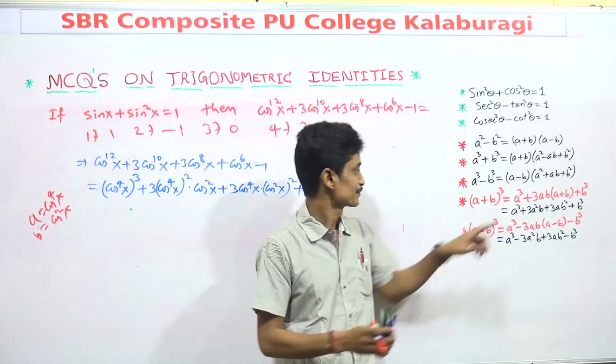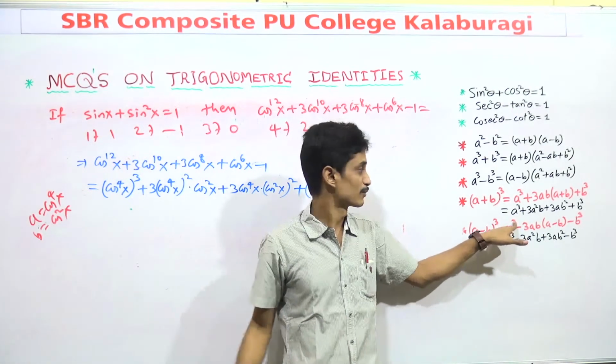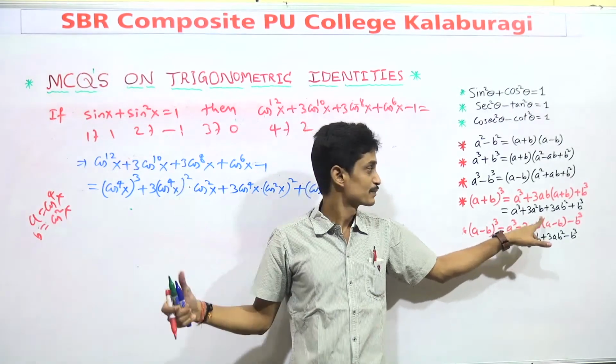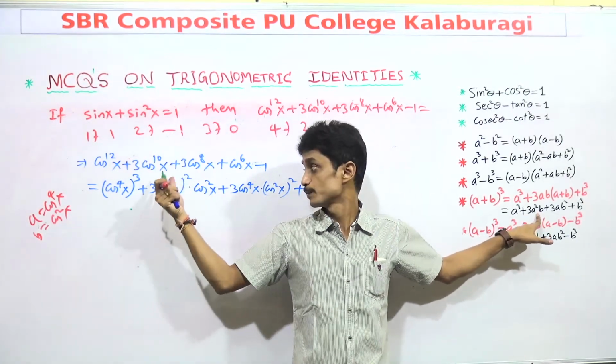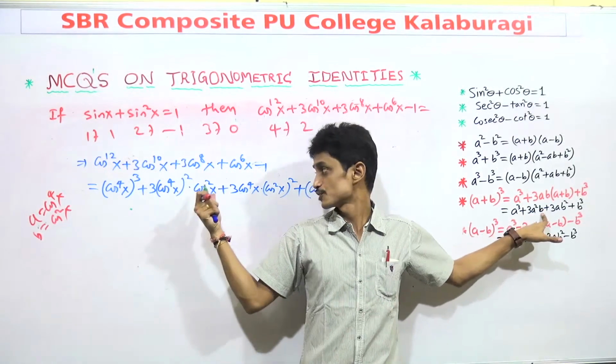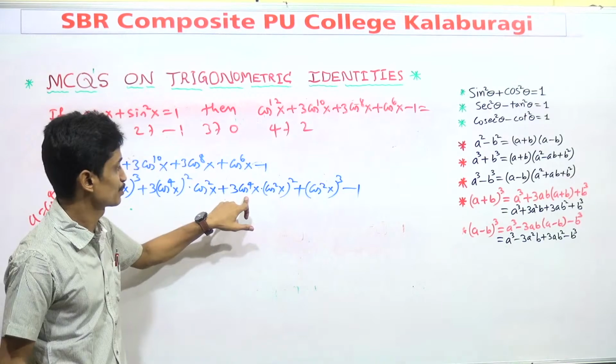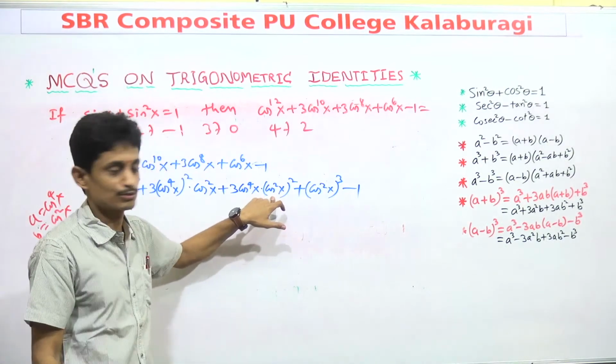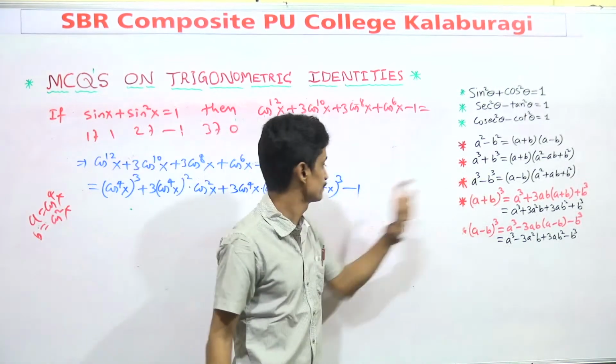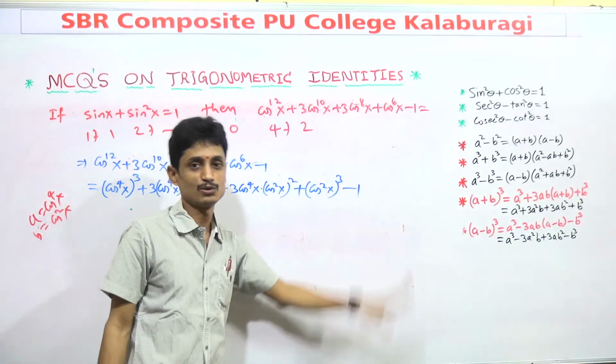Now check it: a cube is cos power 4 whole cube, 3a square b is 3 into cos power 4 whole square into b, just cos square, and 3ab square is 3 into cos power 4 into cos square x whole square, plus b cube, the same b value, cos square whole cube.